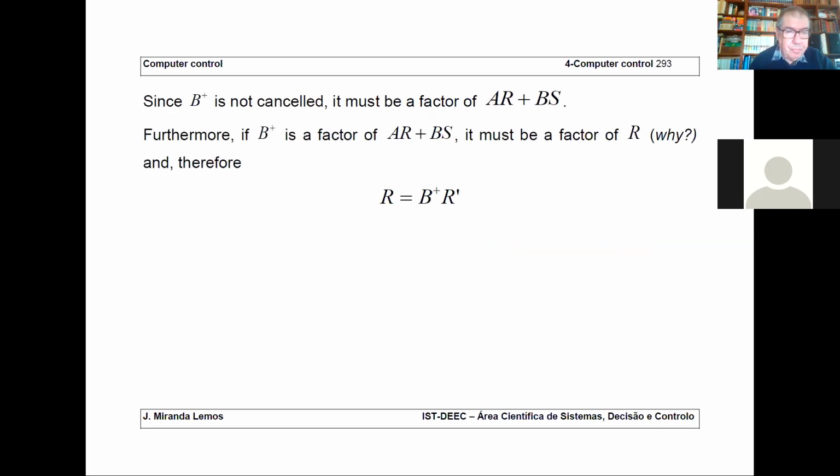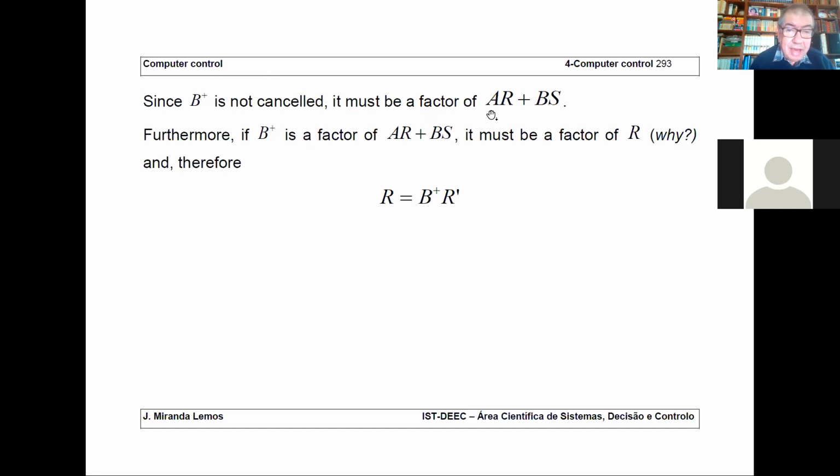Now, B plus is the term that is cancelled, it corresponds to the zeros that are cancelled, okay.